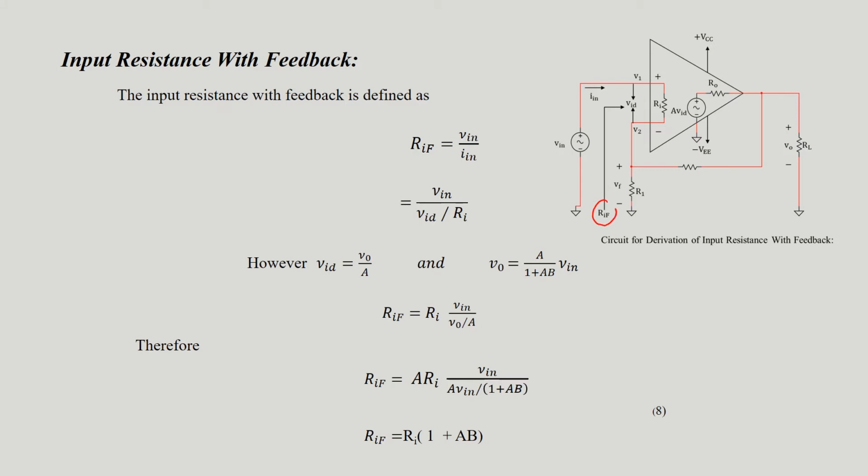Herein the input resistance with feedback RIF is defined as the ratio of input voltage V in to the current I in.